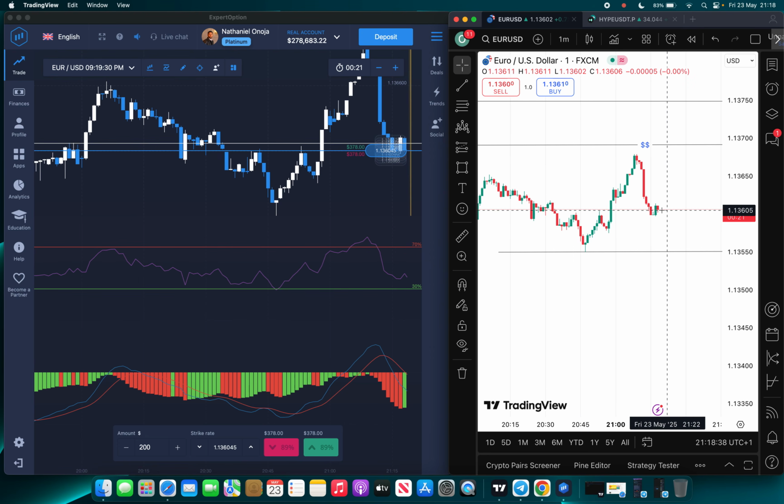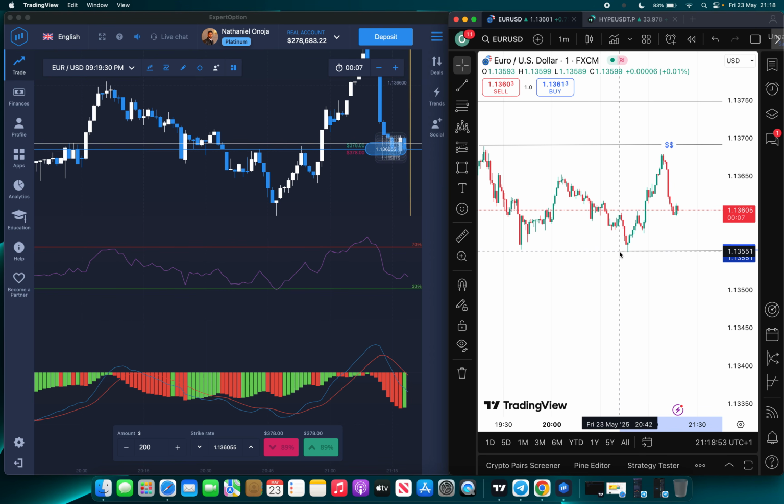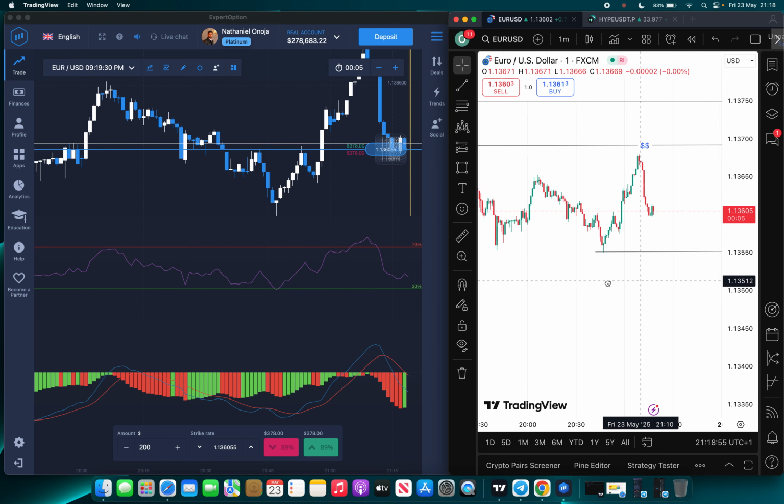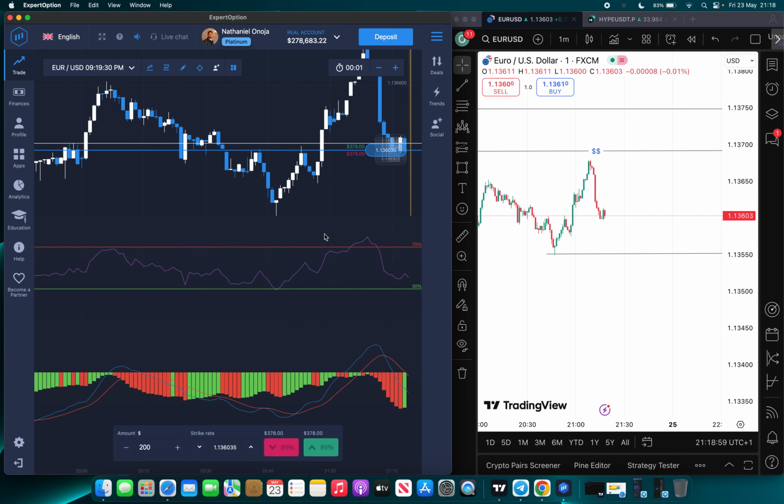This could be an entry, but you can't compare this entry to when it is down here or when it is up here. That's just the difference. So if you identify this, you wait. If it doesn't come down towards that area, you know there is no trade. So yeah, that's the trade we are going to take.